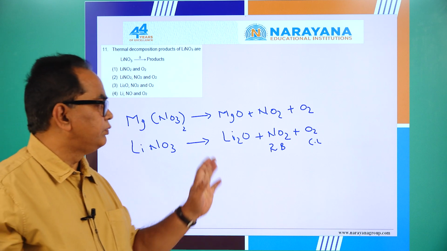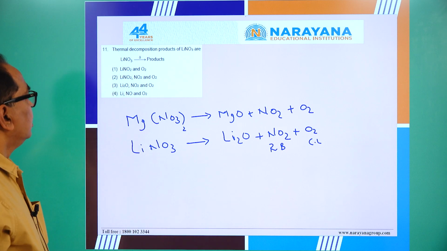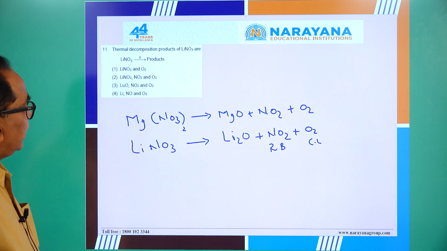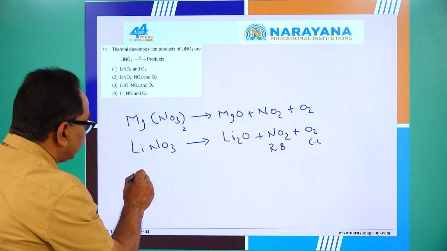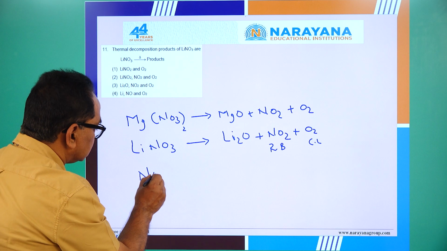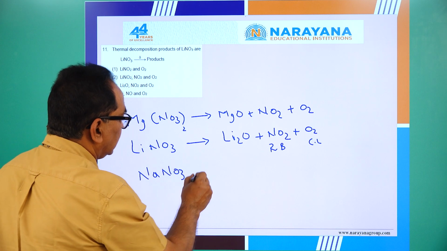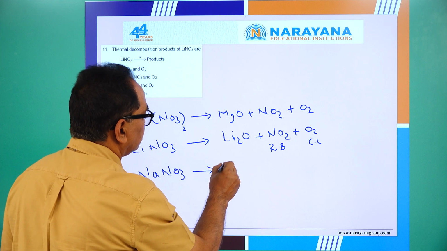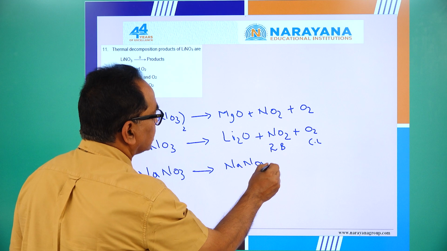Of course, it is a very important point, that's why I discussed it here. But at the same time, when you take other alkali metal nitrates, for example NaNO3, it decomposes to give NaNO2 and oxygen.